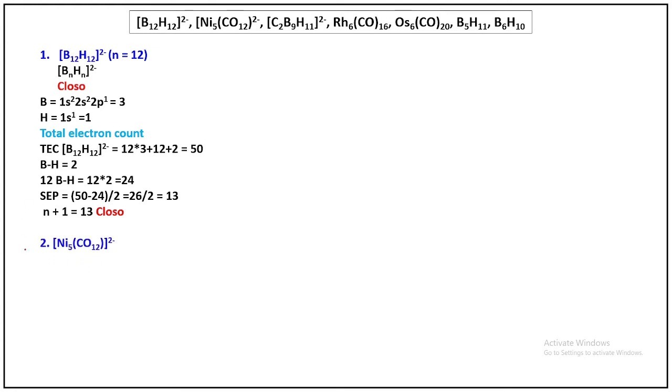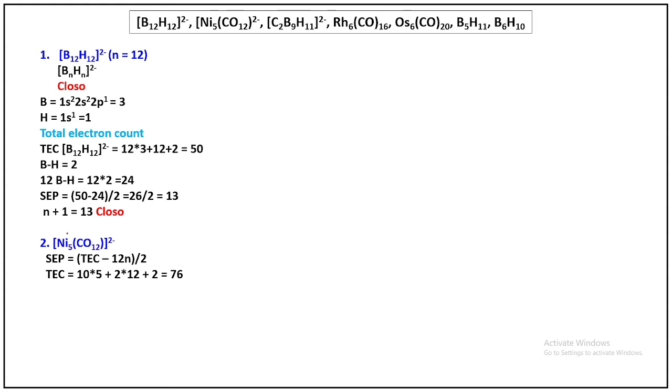The next cluster given to us is Ni5CO12 2 minus. For such metal clusters, in order to find the skeletal electron pair, the formula is total electron count minus 12n, where n is the number of metal atoms, divided by 2. First, let us calculate the total electron count.